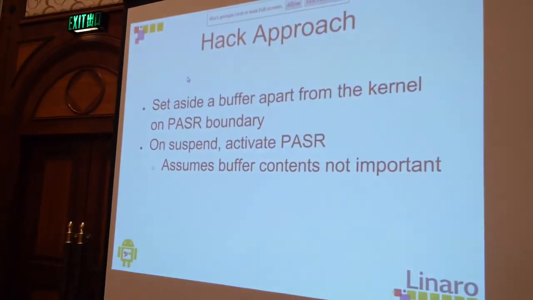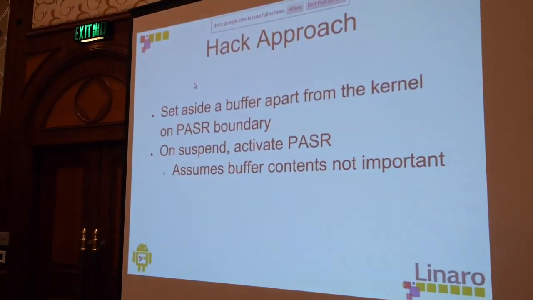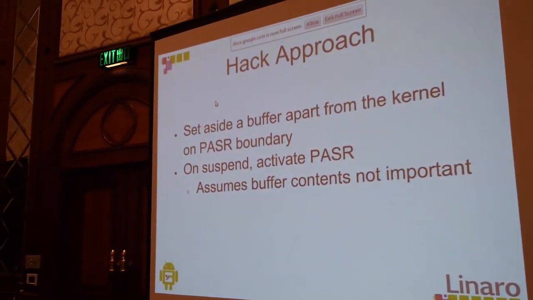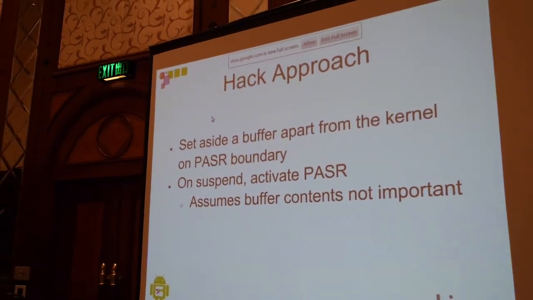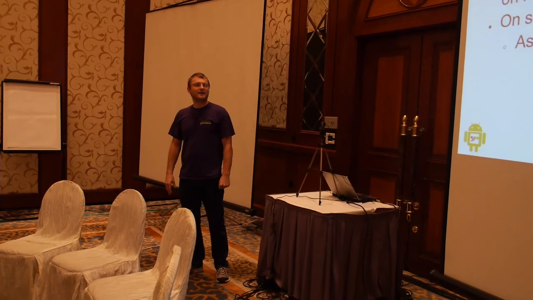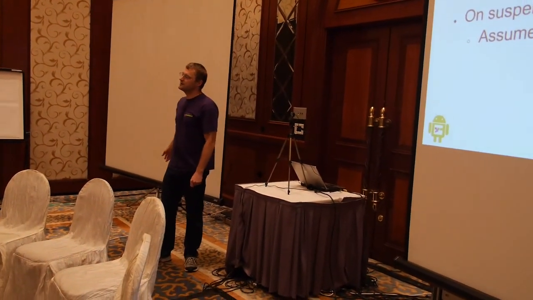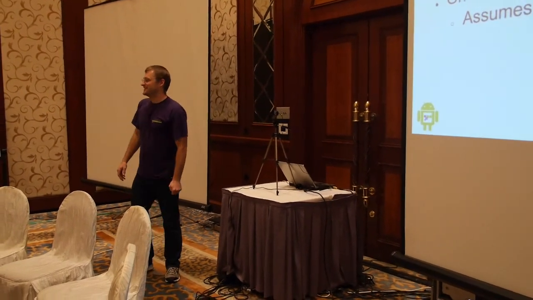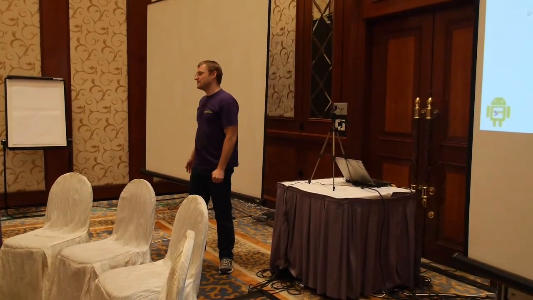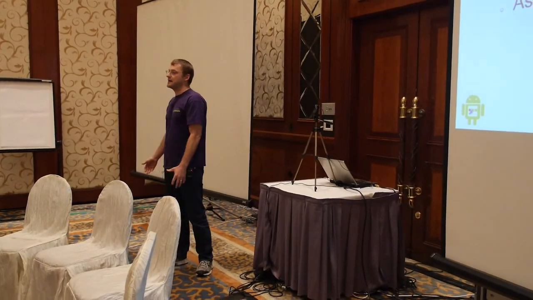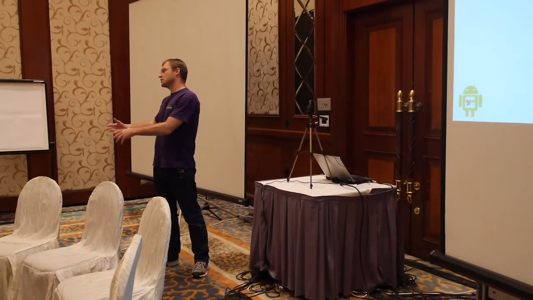Okay, so this is all well and good. We have this cool feature. Let's integrate it into a system. Now, we're SoC people. And SoC people are not Mel Gorman, and they have no idea how the VM really works. And so they take a very simplified approach, and they say, okay, I'm going to do what I've always done, and I'm just going to carve out a chunk of memory, and then I'm going to write a hook to a governor.